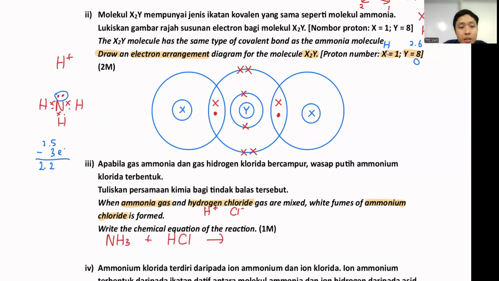In here, this is called lone pair of electron. In Malay, it's called pasangan electron bebas. So in this case, you got 2 extra.